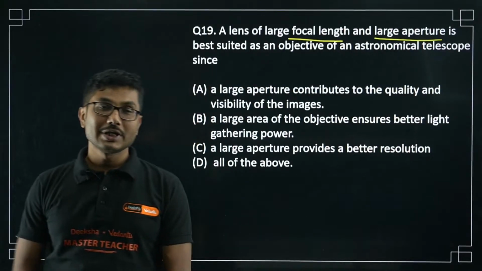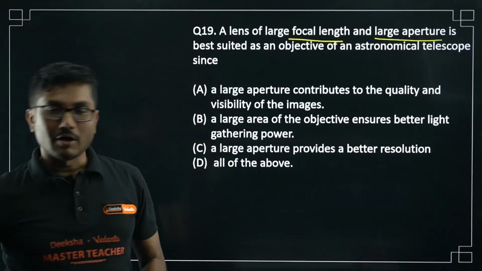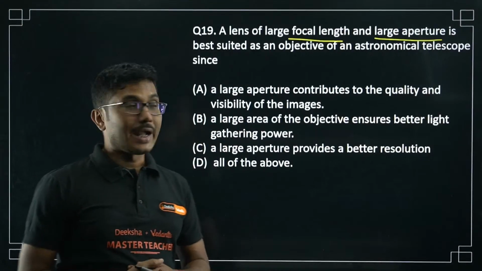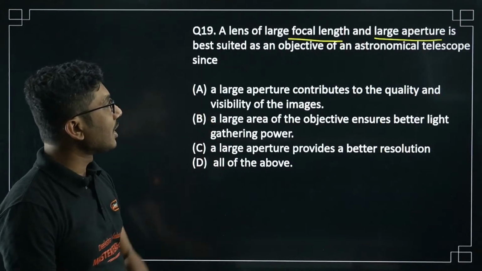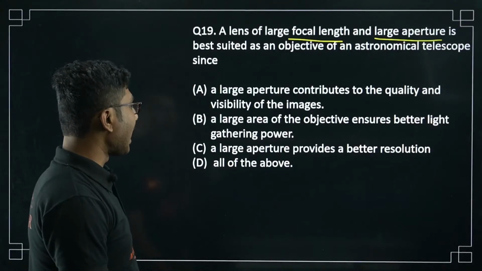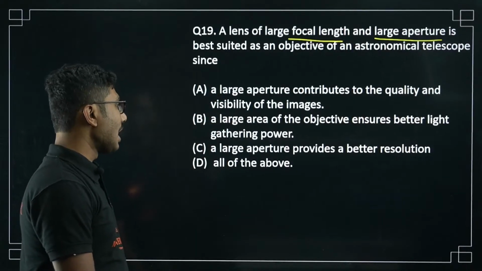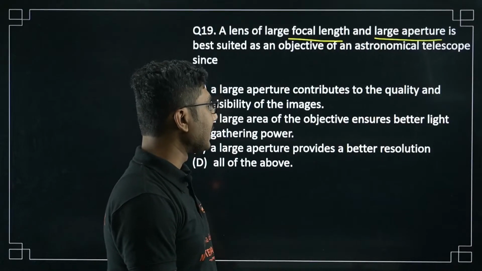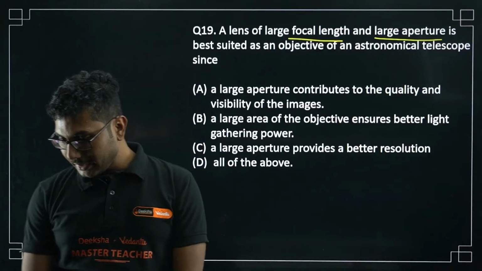An astronomical telescope is what you use to see distant stars, the moon, Jupiter, or even further objects. Why do we use larger aperture and focal length? Large aperture contributes to the quality and visibility of the images. Large area of the objective ensures better light gathering power. A large aperture provides better resolution. All of the above. Let's see.